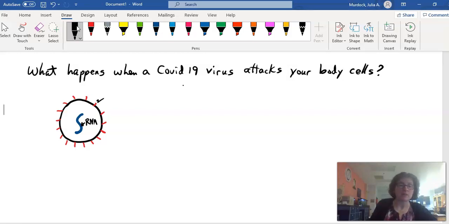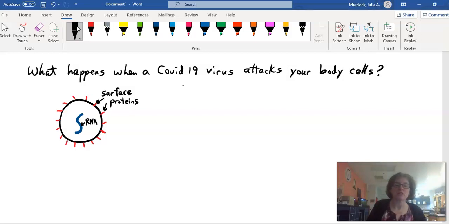And out here, these little red bits are surface proteins that are specific to this virus. Okay? So there you go. Those are basically the only parts of any virus: the protein coat that has specific proteins sticking off of it, and a bit of genetic material inside, which in the case of the flu viruses is RNA, not DNA.